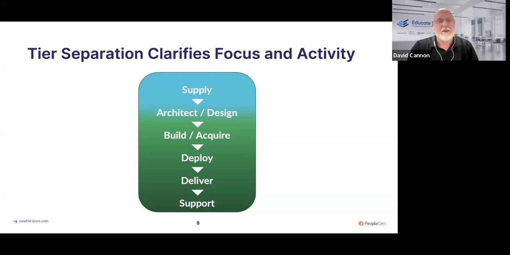Somewhere between the supplier and the most technical, specialized people in our organization is a team or individual who's going to be architecting and designing what it is that we're going to be managing. These could be services, products, infrastructure, applications, in the cloud or on-prem, but somebody is designing and architecting them.